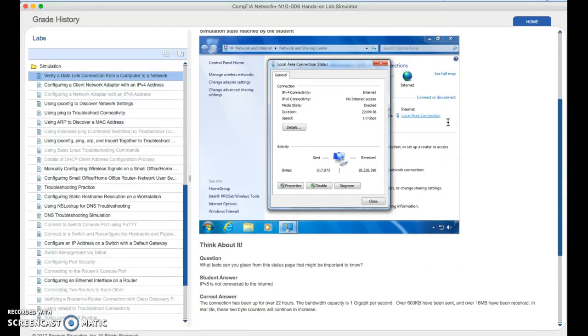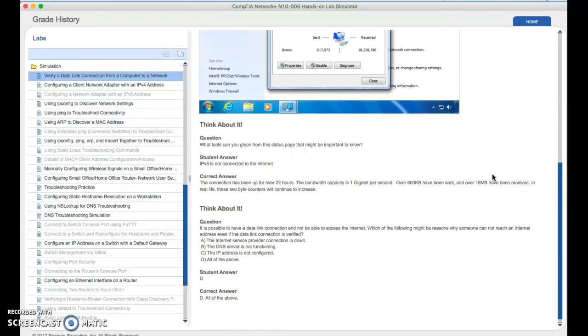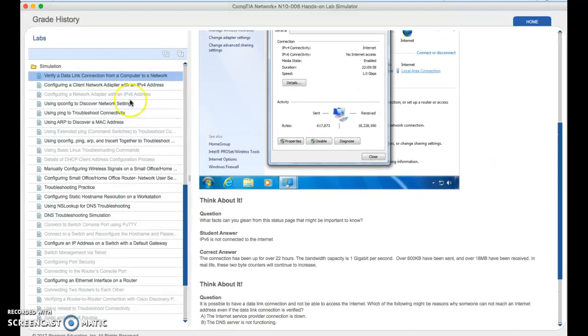I did better definitely on the ones where I had to go into the Windows control panels and figure out information from there. I work with that information a little bit more commonly in my day-to-day life, so it felt a little bit more familiar to me, and I could actually answer the questions and understand what I was talking about.